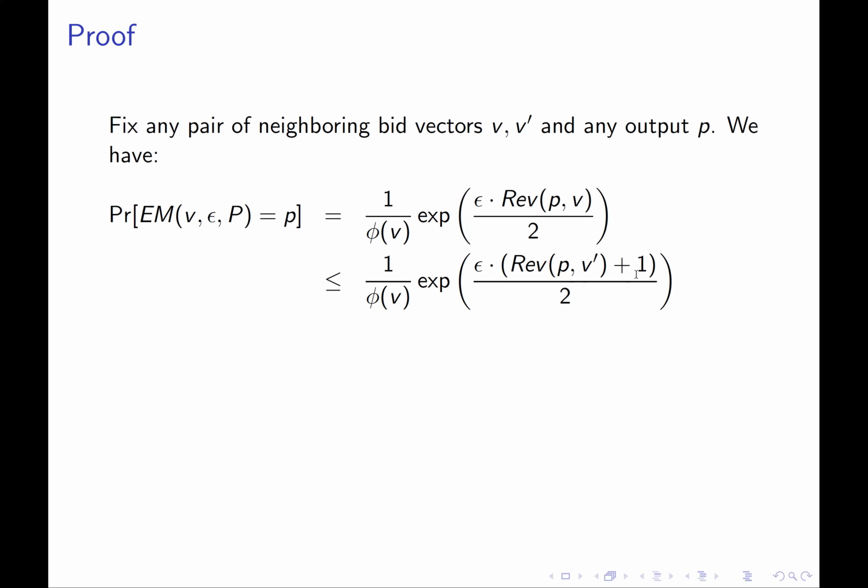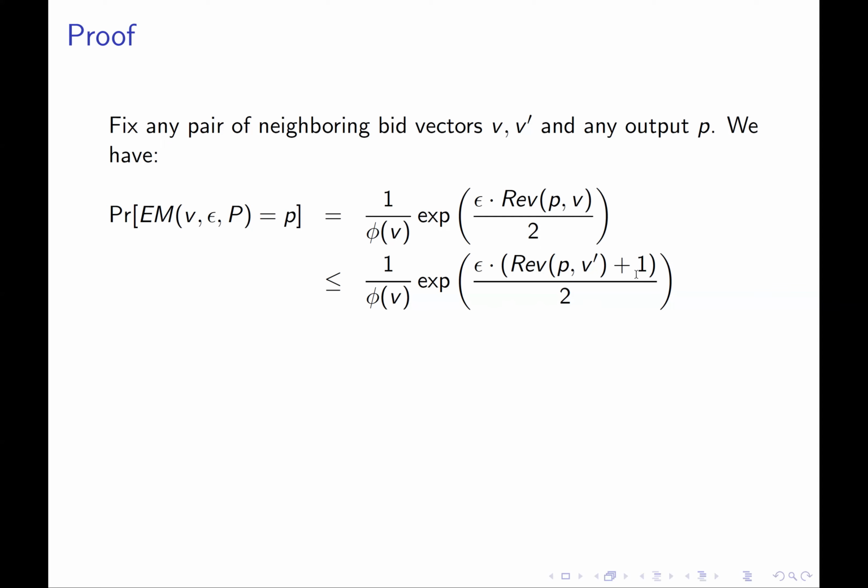Like in the worst case, because of your misreport, it makes it seem like price p will give us less revenue than it would have otherwise. But it can't make it seem as if it would have given us much less revenue. It can make it seem as if we would have earned at most $1 less as a result of your misreport, because no single bidder can have a substantial effect on the overall revenue obtained by any single price. That is, their effect is bounded by one.